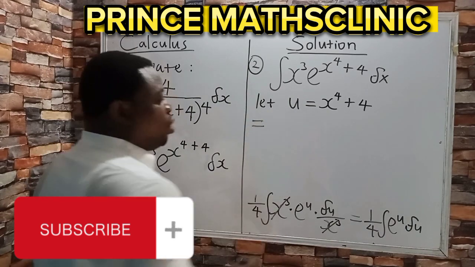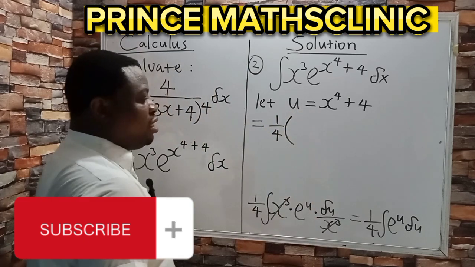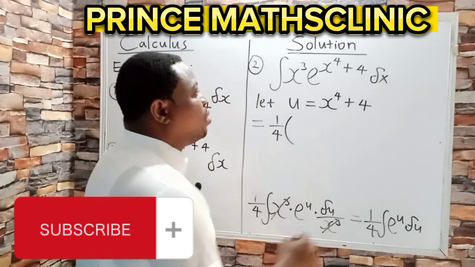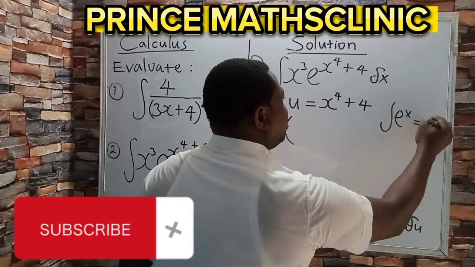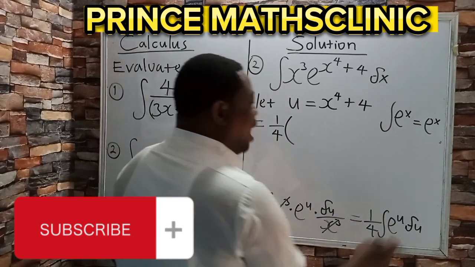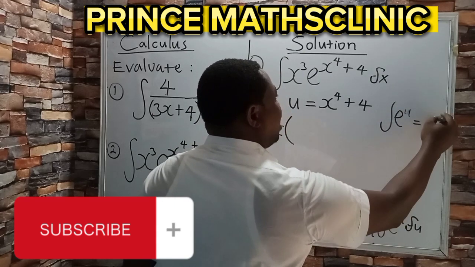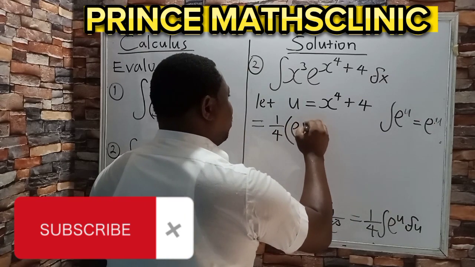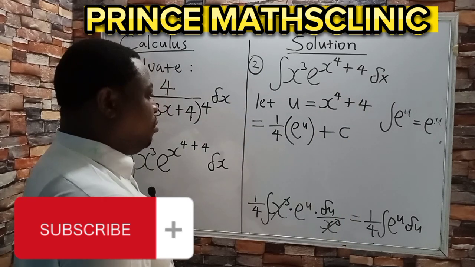So at this stage, we want to integrate. So you put 1 over 4 to integrate. We know that there are some standard integral values, and the standard integral value says if you integrate e to the power of x, the result will be e to the power of x. So our x here is u. If you integrate e to the power of u, you still get e to the power of u, then plus our constant c.